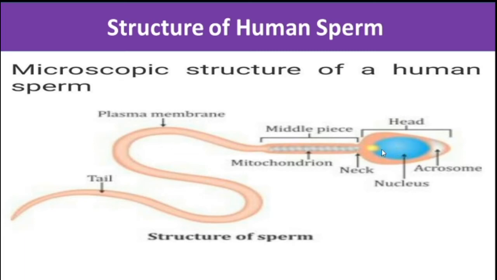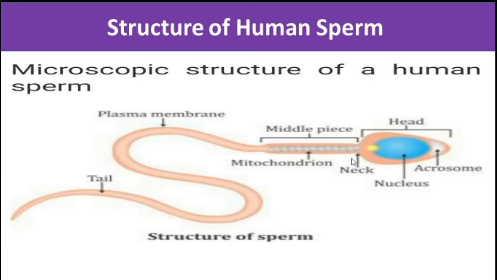In the anterior part of the head region there is a cap-like structure called the acrosome. The acrosome contains an enzyme called hyaluronidase, which helps the sperm to enter the ovum during fertilization.